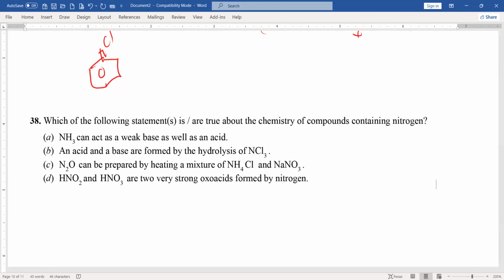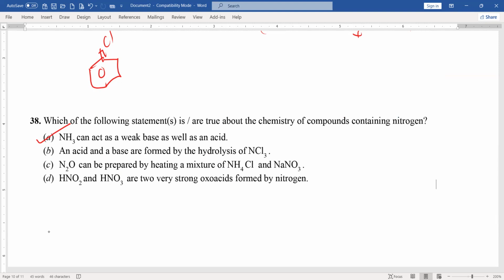Nitrogen containing compounds. Ammonia acts as a weak base as well as an acid. Yes, it's true. Ammonia is an acid and also a base.